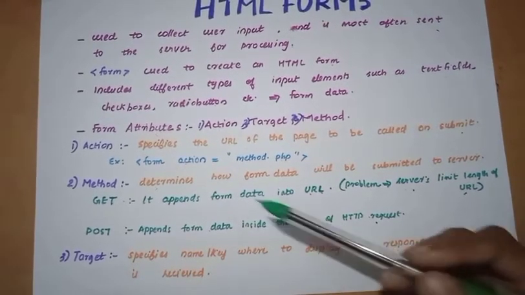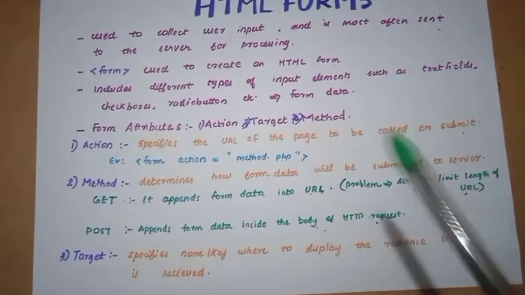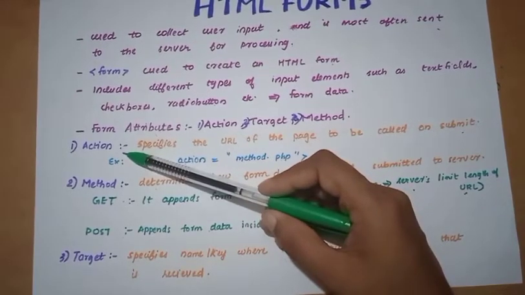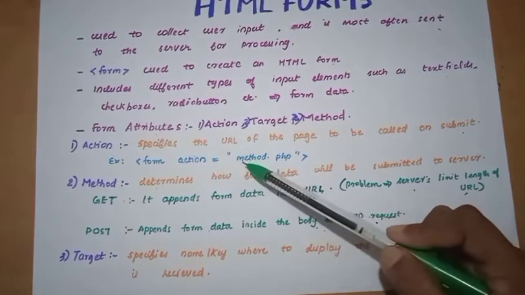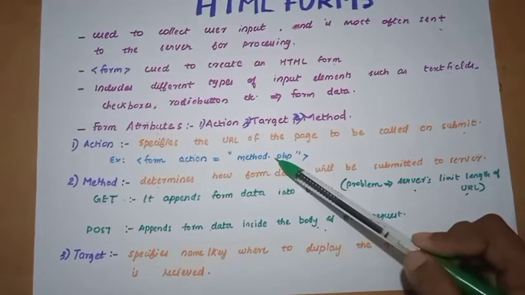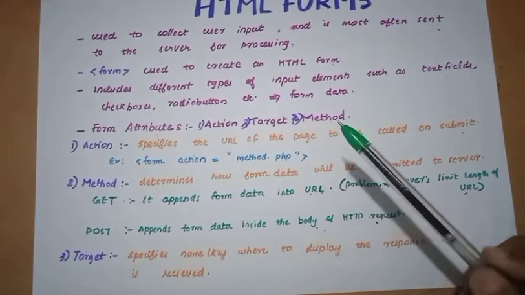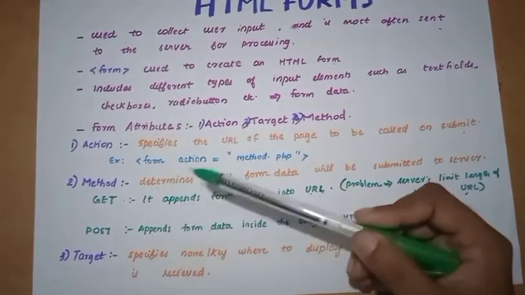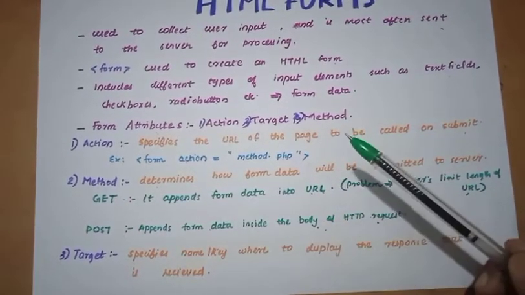So we know that we have filled our form, and when we press the submit button, it will say that this data should be sent to method.php or some file where it is to be submitted, and then using which method, get or post, that means in an enclosed way or an open way, it will be sent.